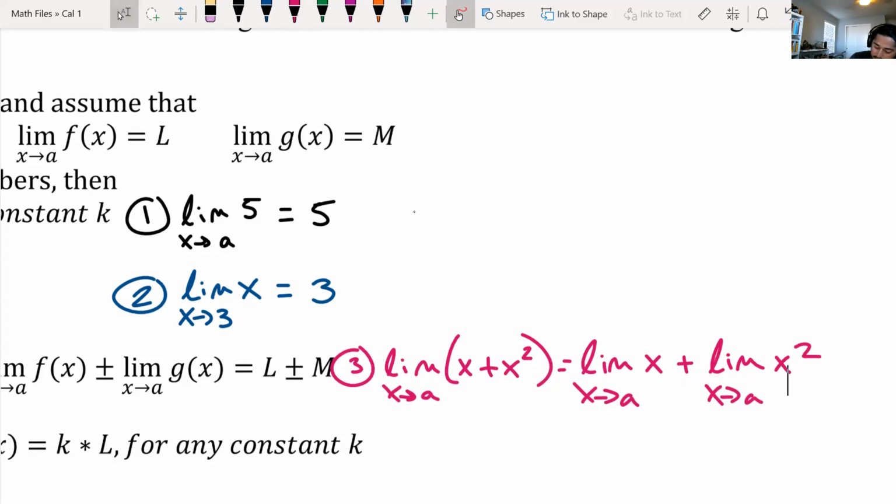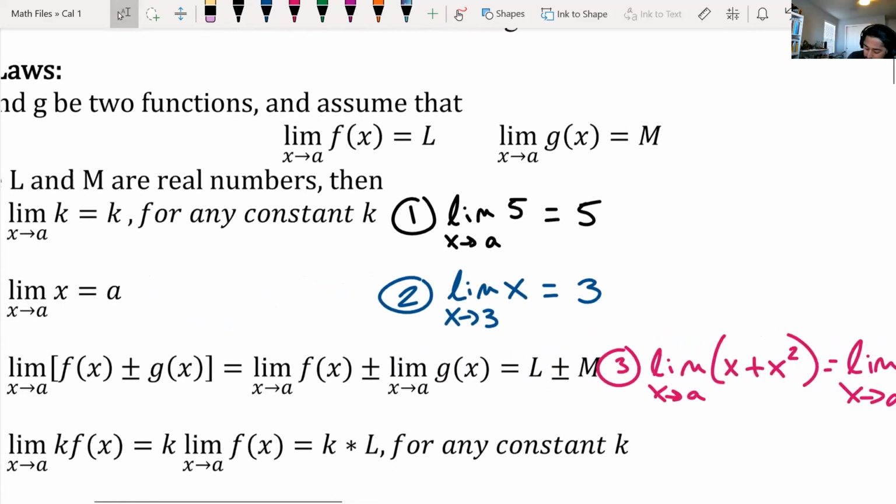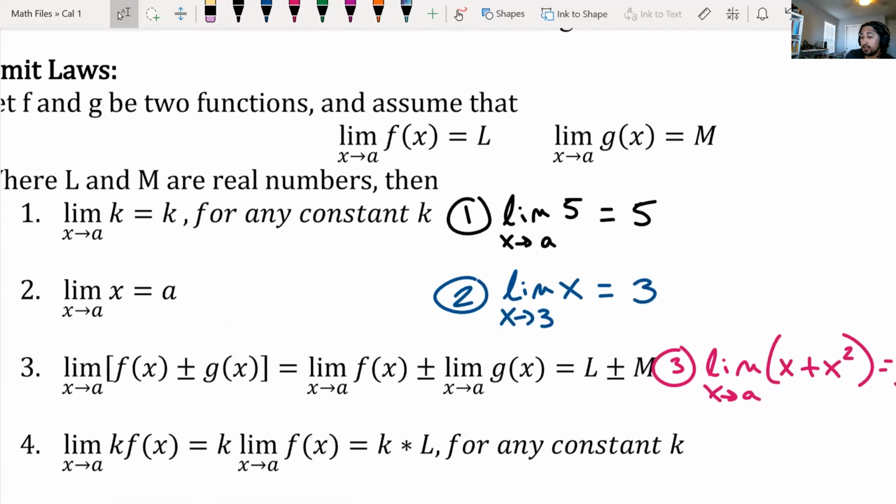Okay. Number 4 says the limit as x approaches a of some constant k times f of x will equal that constant k times the limit of f of x. So all this property says is if you have a coefficient in front of a function, take that coefficient and move it to the front of the limit.